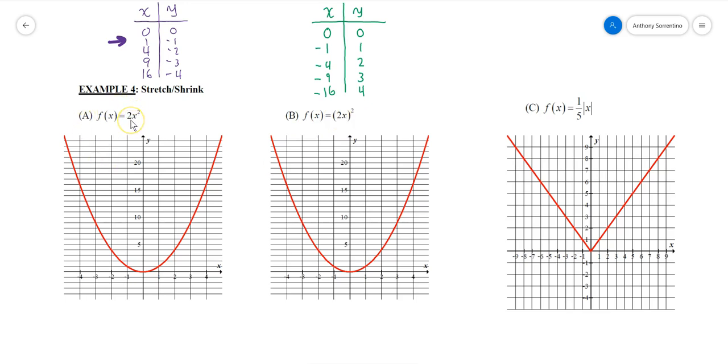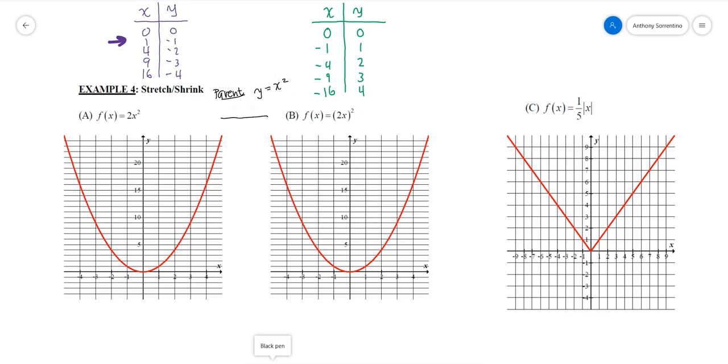Outside the parenthesis, it's vertical, which means I'm going to do exactly what it tells me to do, whereas inside the parenthesis, it's horizontal. I'm going to do the opposite of what it tells me to do. So for these two, the parent function is y equals x squared.